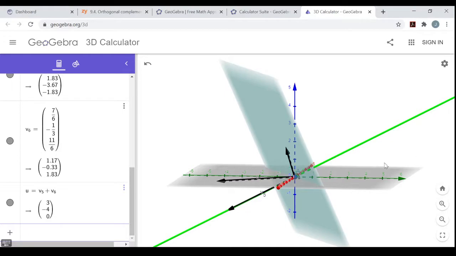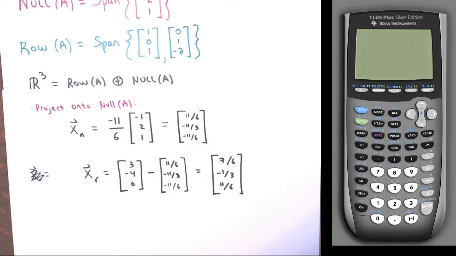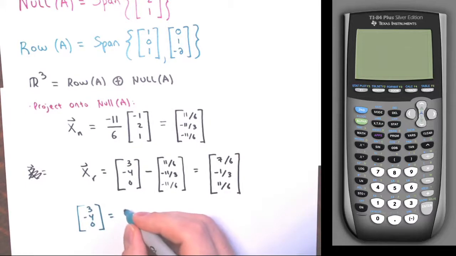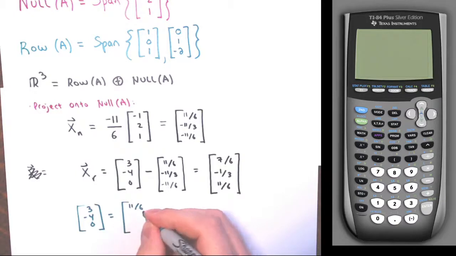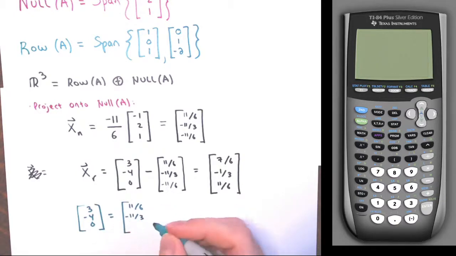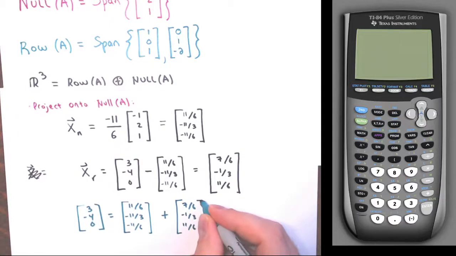All right. Wonderful. So I'm going to write that. Right, so our particular solution, 3, negative 4, 0, this was a solution to the equation, can be expressed as 11 sixths, negative 11 thirds, and negative 11 sixths, plus this 7 sixths, negative 1 third, and 11 sixths.